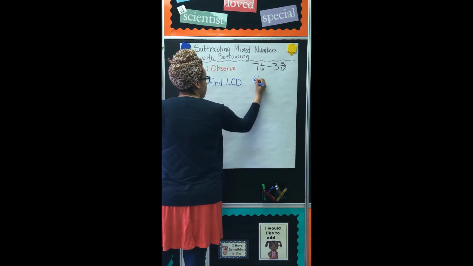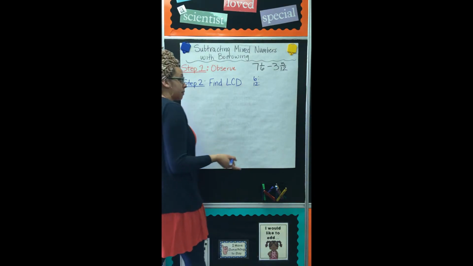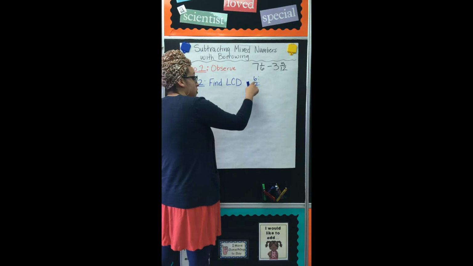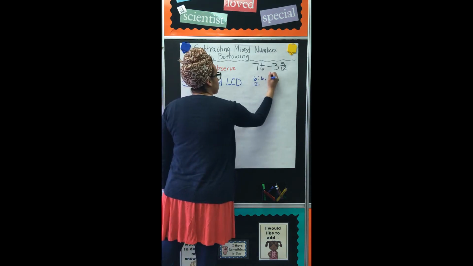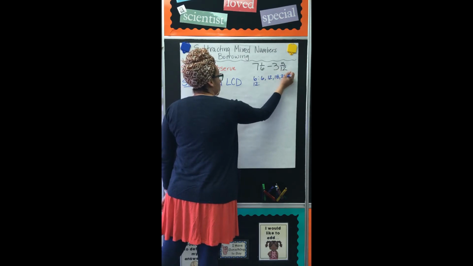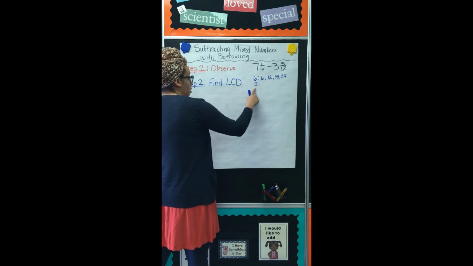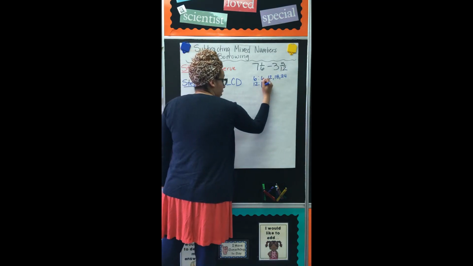So we have 6 and 12. That means we're going to do what kind of counting? We're going to do skip counting. We're going to start with 6, and we'll go 6, 12, 18, 24. Some of you might have said stop right here because we know that the first multiple for 12 is 12.